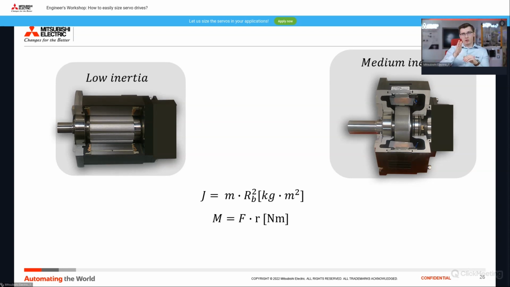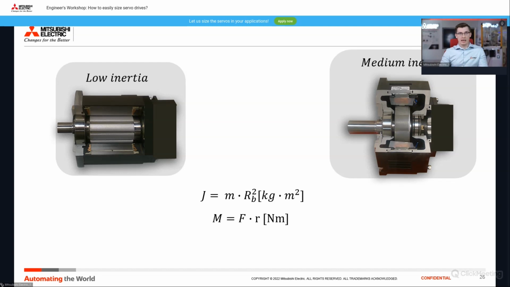So in the medium inertia motors, the magnets will have a bigger radius, because the shaft is bigger, and because of that, the torque will be bigger, of course. And this is often the case: in most cases on the market, you will see that medium inertia motors have bigger torque and low inertia motors have smaller torque.